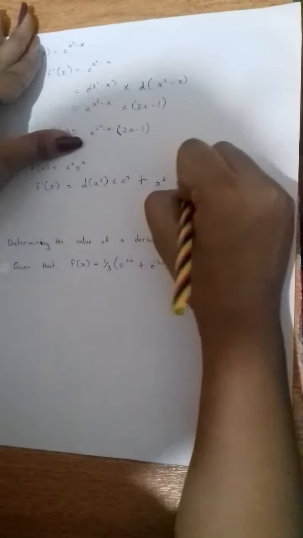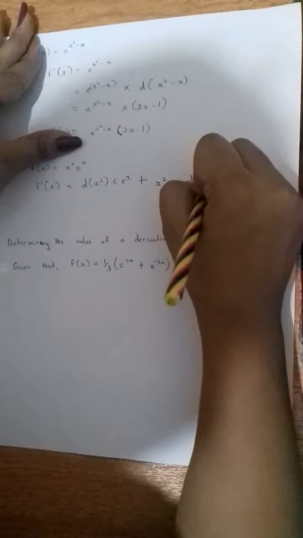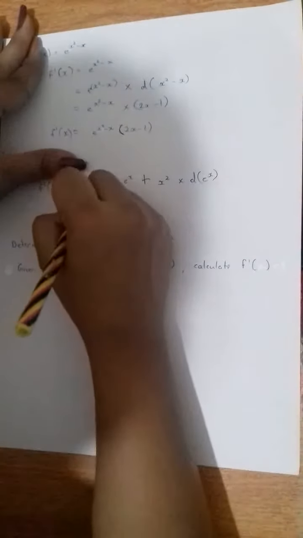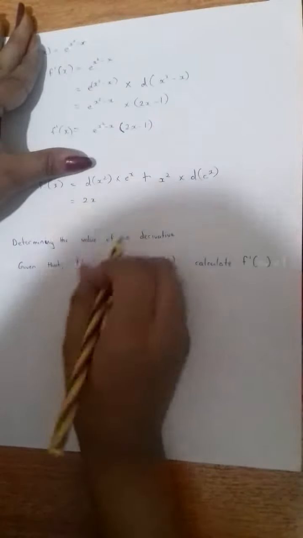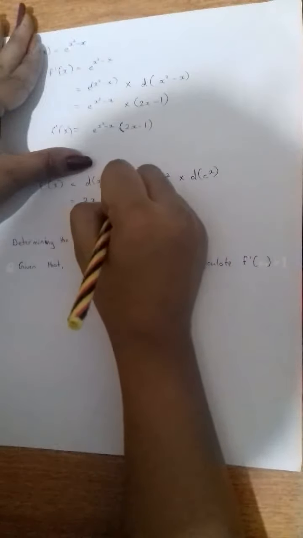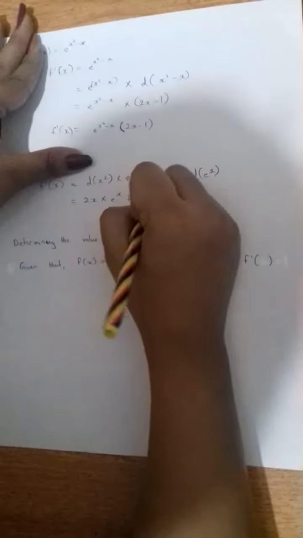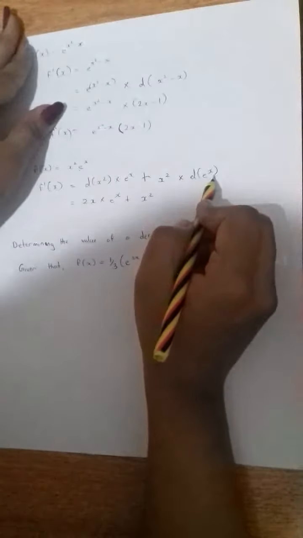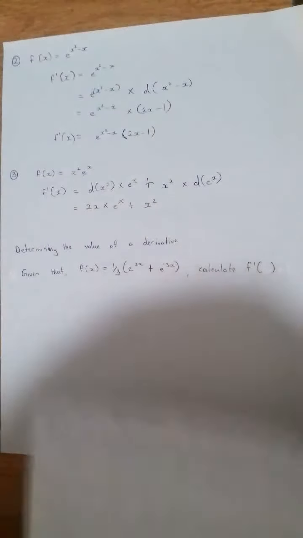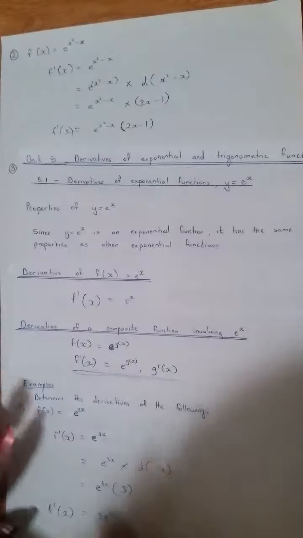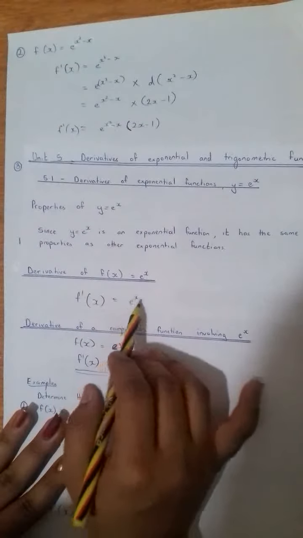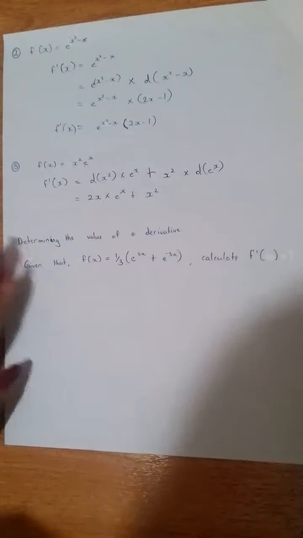This will give us 2x, which is the derivative of x squared, times e to x, plus x squared, the original value, and the derivative of e to x, as we saw earlier, which said the derivative of e to x will remain e to x.